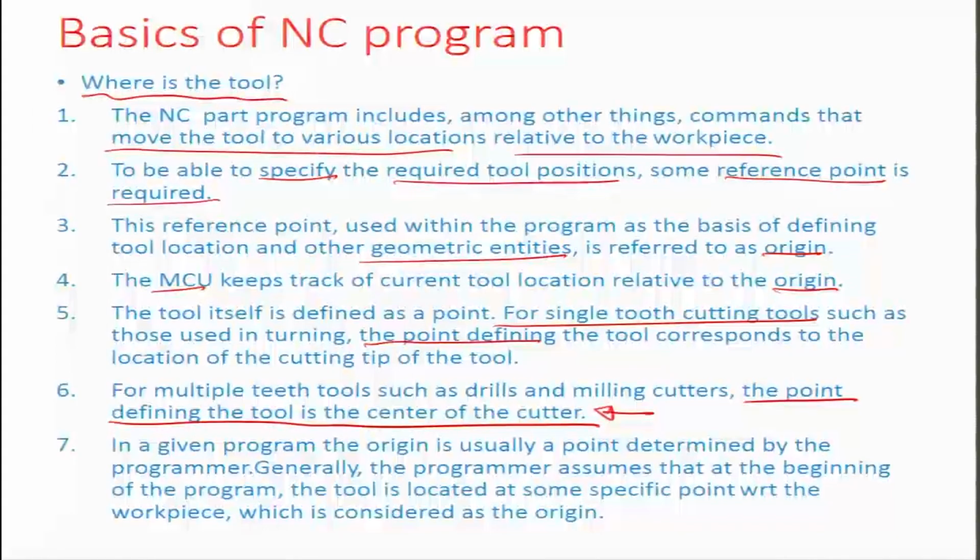There are certain machines which would typically have a command for tool compensation, but in the vast majority of cases the programmer may need to actually account for that radius, and he may consider himself to be sitting in the center of such a multiple teeth cutting tool, where he is trying to map his own movements with respect to the workpiece as machining carries out. So, that is another of these important aspects for a programmer to know.